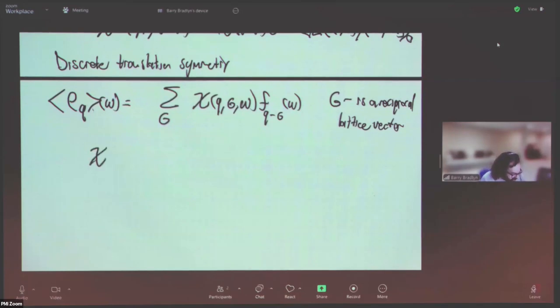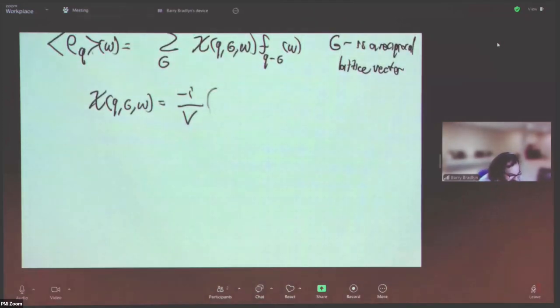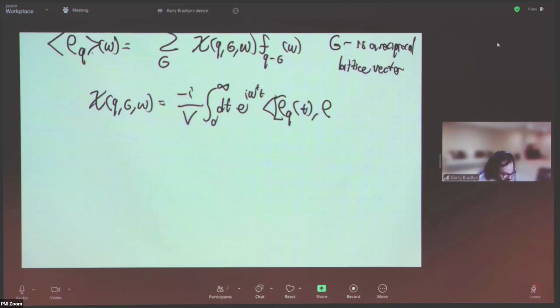This Fourier transformed response function has a factor of 1 over the volume of the system that comes from our Fourier transform normalization, and then our Kubo formula, where we commute rho q with rho g minus q.